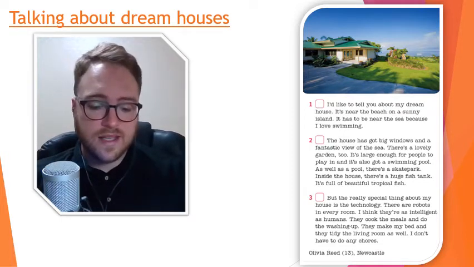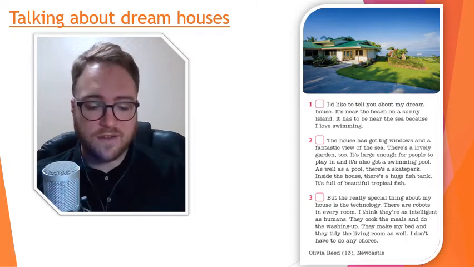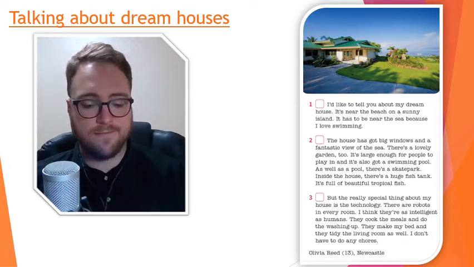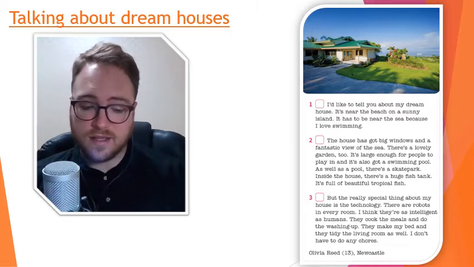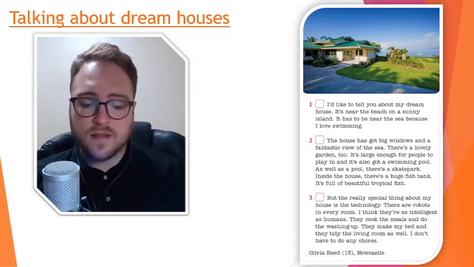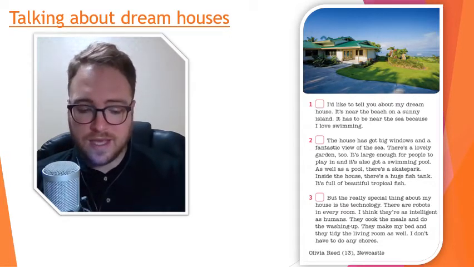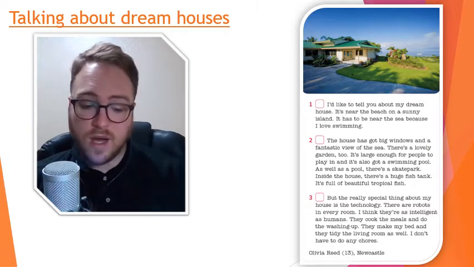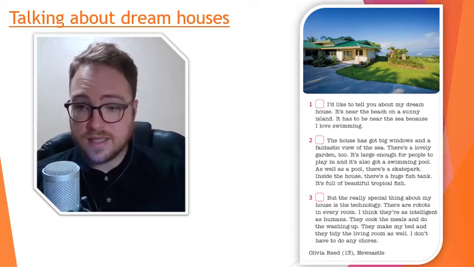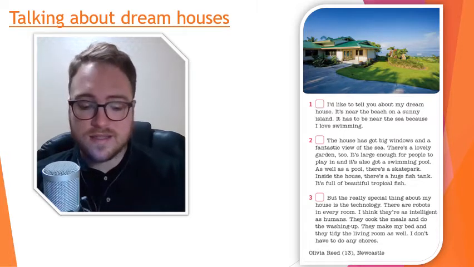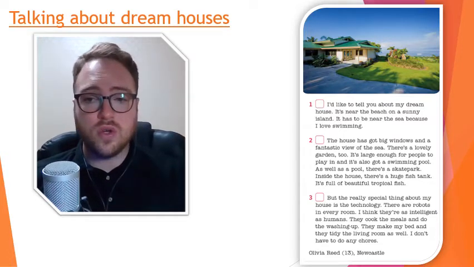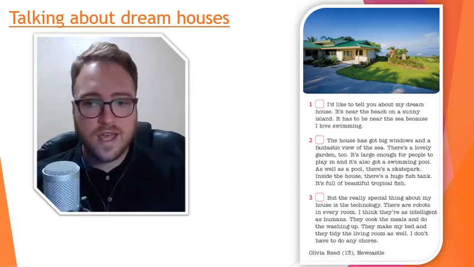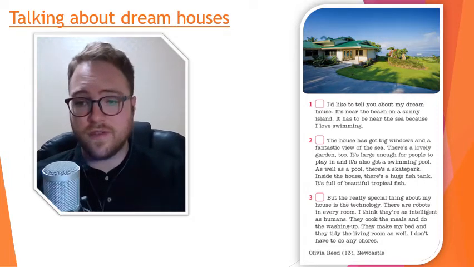The house has got big windows and a fantastic view of the sea. There's a lovely garden, too. It's large enough for people to play in, and it's also got a swimming pool. As well as a pool, there's a skate park. Inside the house, there's a huge fish tank. It's full of beautiful tropical fish.